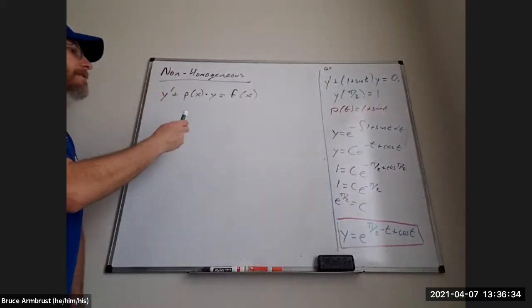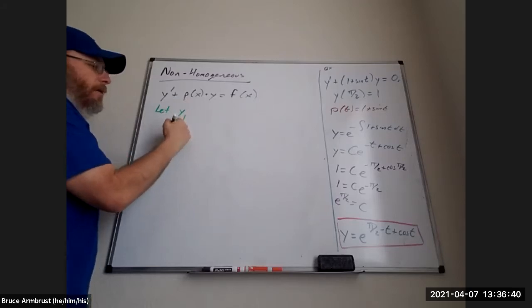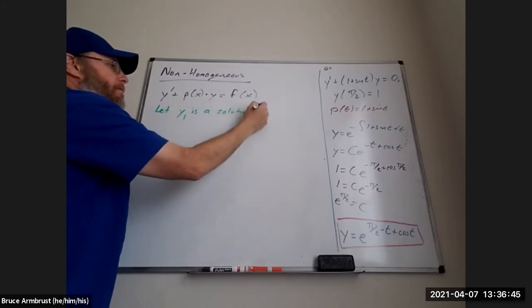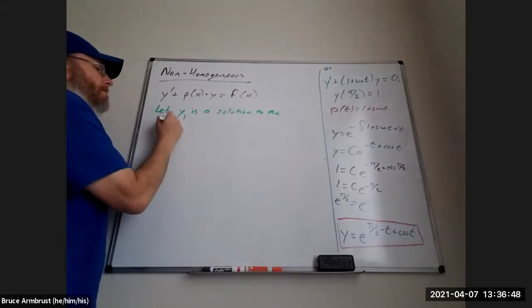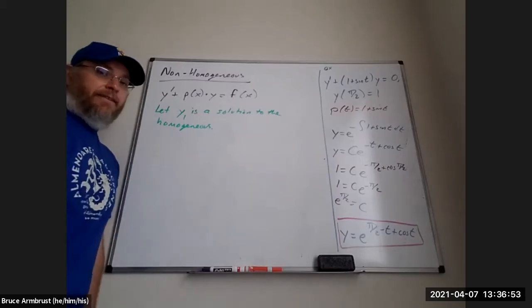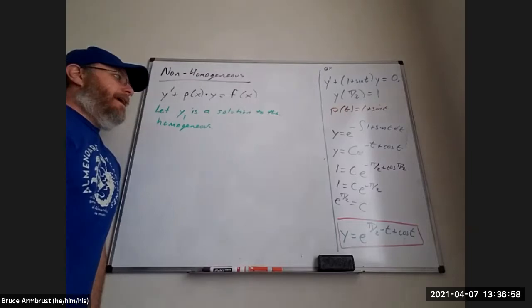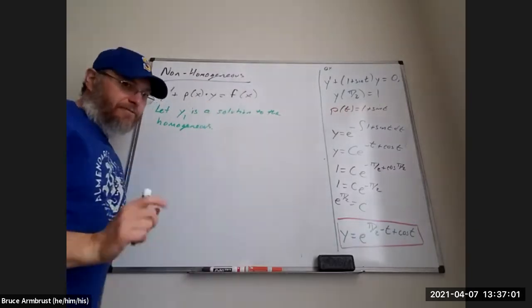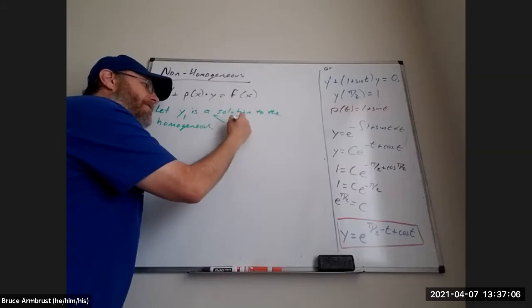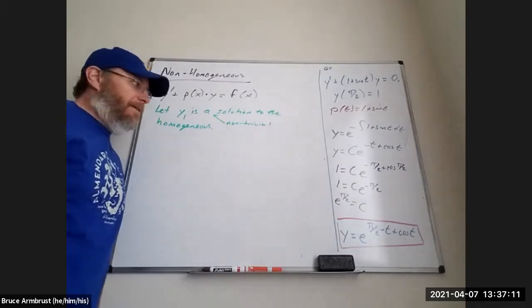So here's what I'm going to do. Let's just say that we find a solution to the homogeneous, and I'm going to call it y sub 1. Because I can find that. We know we can find that. And I'm even going to say a non-trivial solution. Even though there aren't really any of you in here that are like this, you know the kind of students I'm talking about.